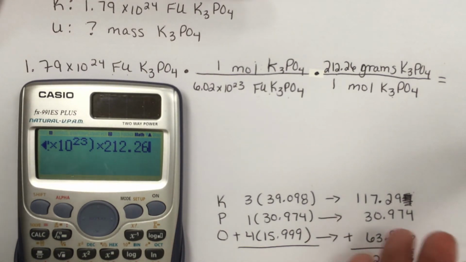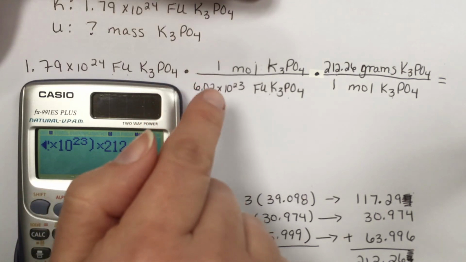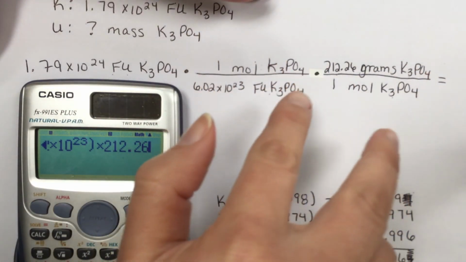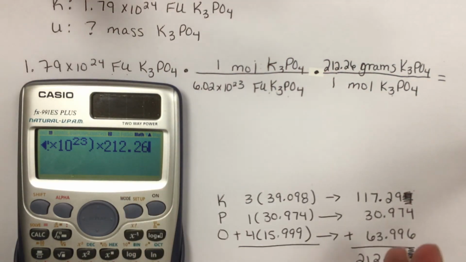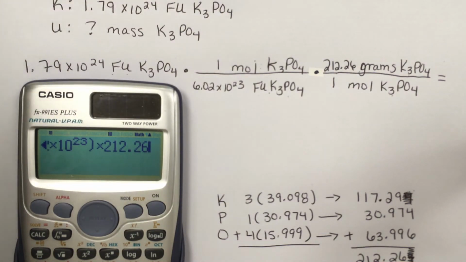If you want, you could do this number in parentheses, times 1 over this number in parentheses, times this in parentheses, equals. But it's going to be really long, and maybe your calculator might not accept that length of an equation, or you could mess it up.